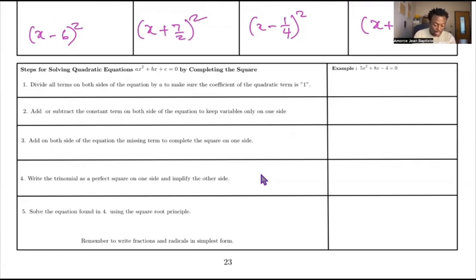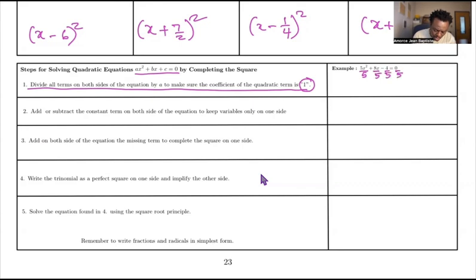So first step is making sure, from the quadratic form of the equation, you divide both sides of the equation by the coefficient of the quadratic term so that the coefficient becomes 1. So in this case, the quadratic term coefficient is 5. I'm going to divide both sides by 5.